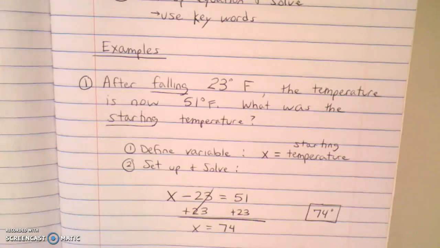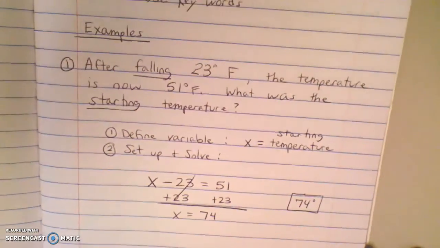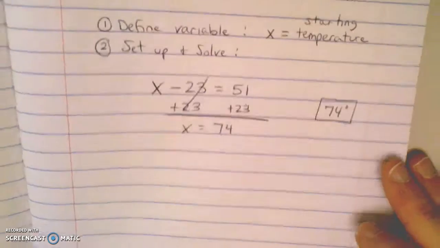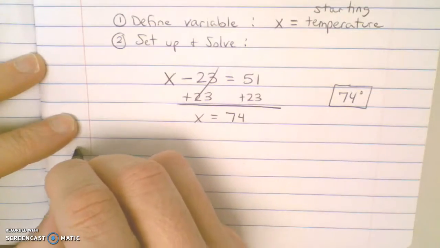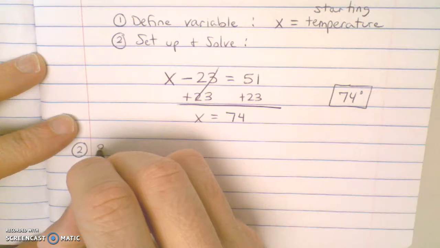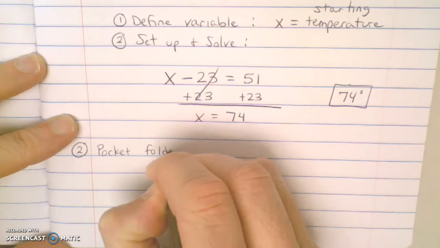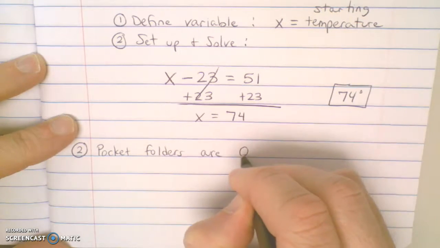Okay, let's try another example. Pocket folders are 39 cents each.